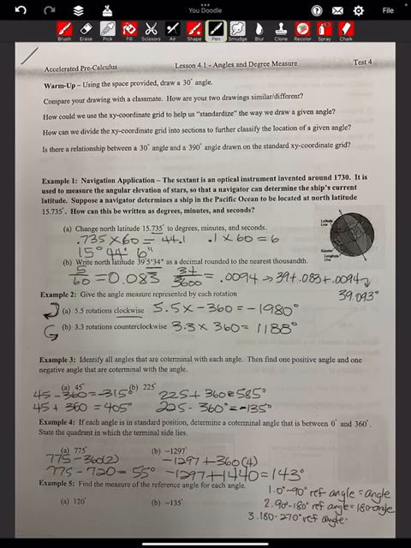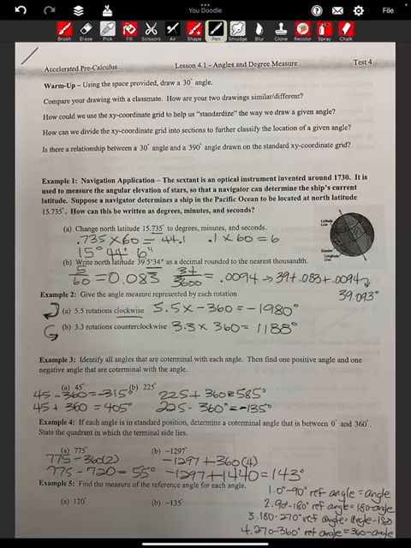All right, so for example 5, it says find the measure of the reference angle for each angle. We have 120. Basically, we need to make some notes here before we continue. Our first option is if the angle is between 0 and 90 degrees, our reference angle is going to be the angle.